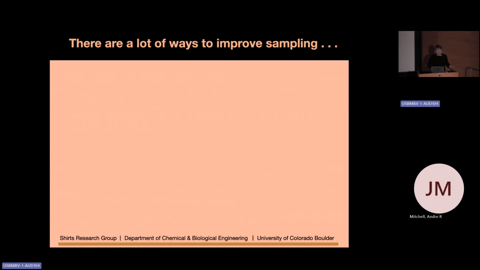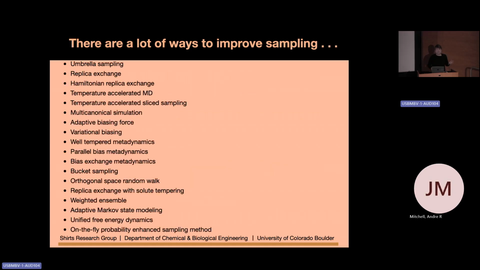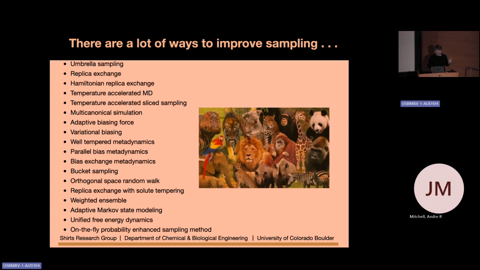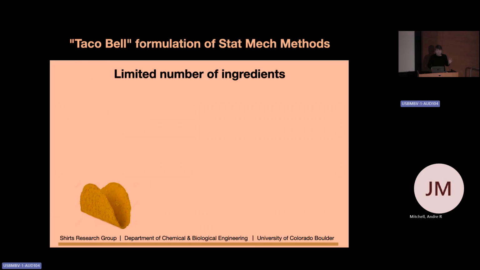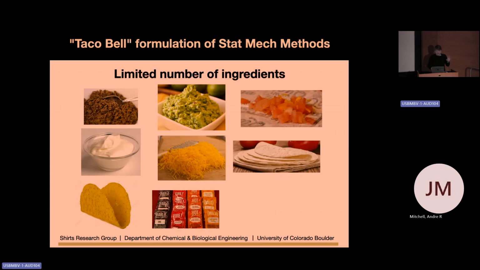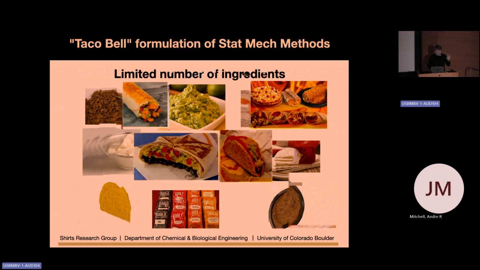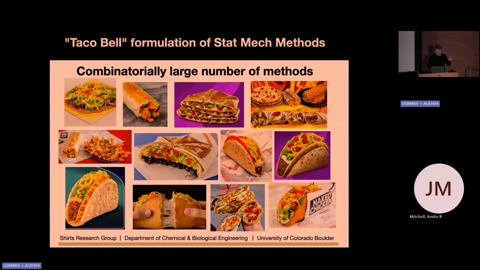So there's lots of ways to improve sampling. I'm not going to go over all of them. It's really just a zoo of things. But I want to put forward the Taco Bell formulation of stat-mech methods. If you go to Taco Bell, there's really only a limited number of ingredients, right? So you've got a certain set of foundational ingredients, and really there's a combinatorially large number of methods you can get by mixing these same ingredients, whether you choose corn or flour or what you put inside.